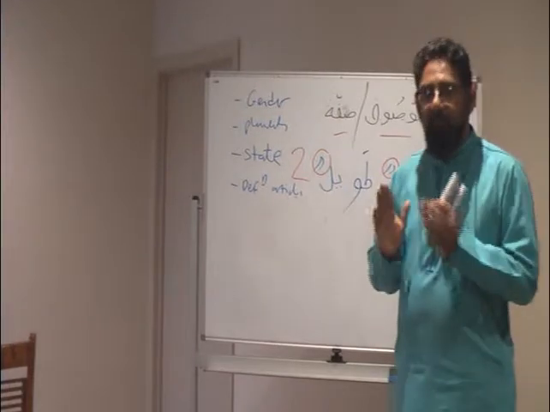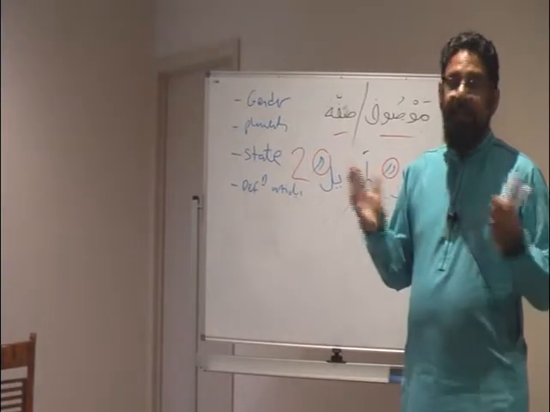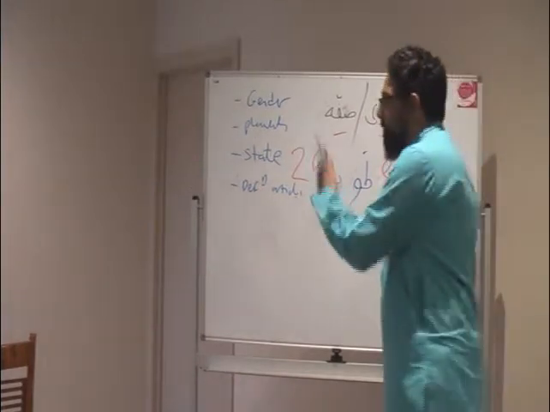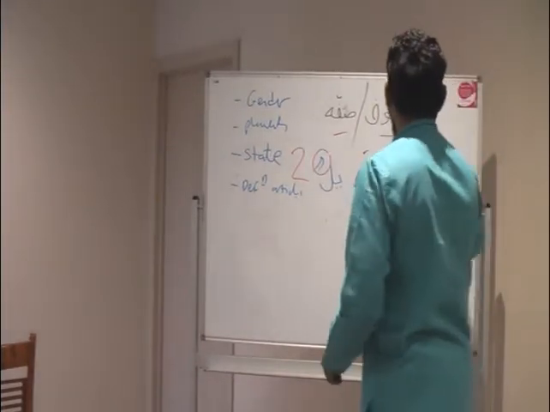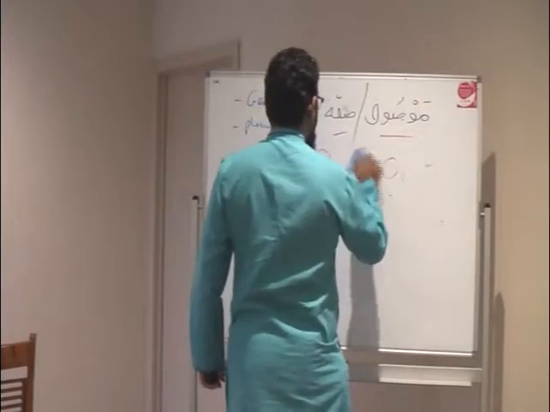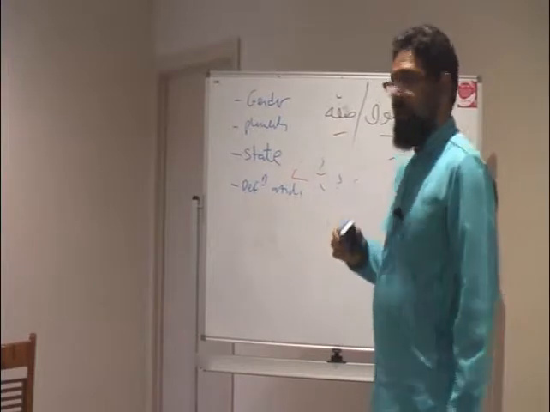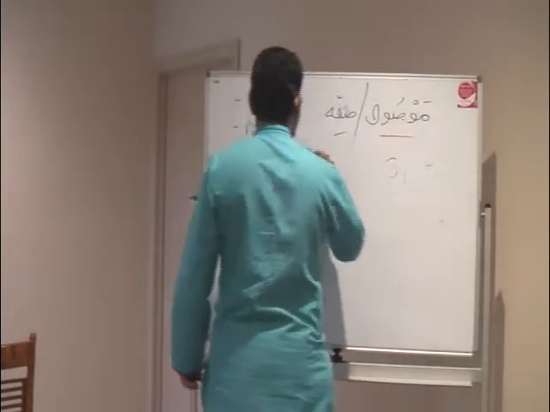So it's a pretty simple phrase relationship. It's basically got to match in every respect: gender, plurality, state, and definite article. So this is the mawsuf and sifa. That's one phrase that we've learnt now.